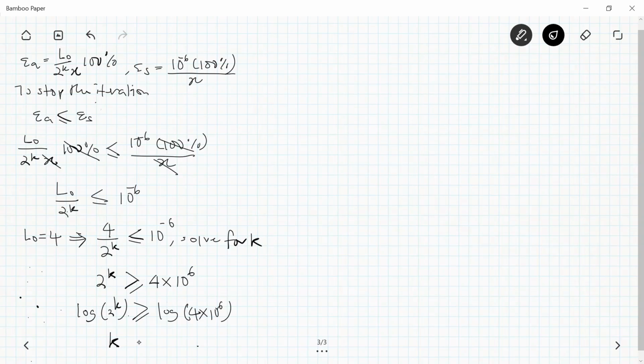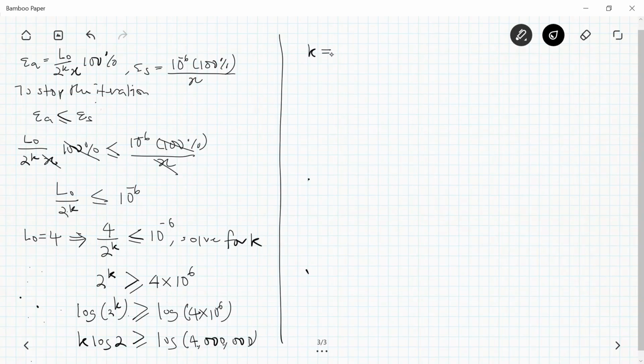K log 2 greater than log 40,000. Is it 40,000 or 400,000? I think 400,000. 10 to the power of 6. No, this is 4 million. Okay, and we can solve for k.